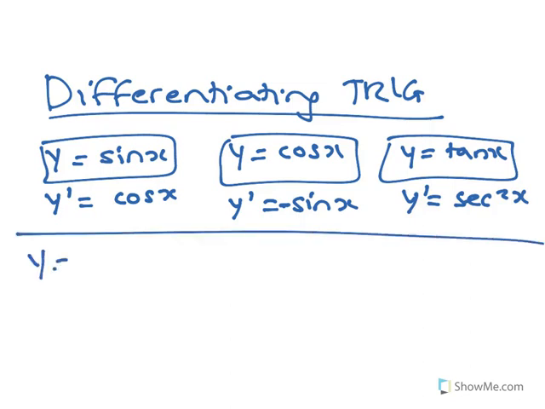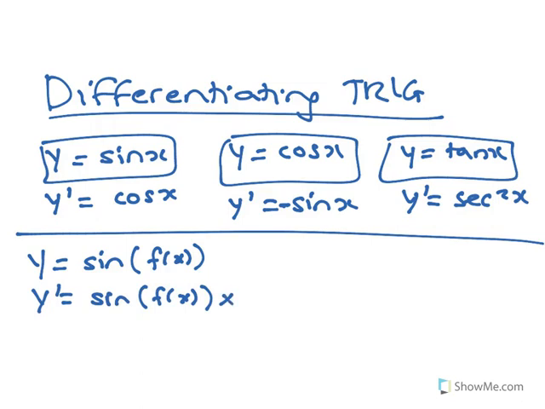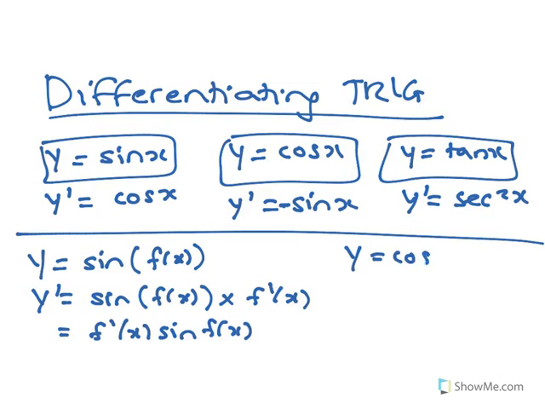Now, if we just write the general rule, and we had sine of f of x, then the derivative of this is cos of f of x, but then you have to times by the f dash x. So on the formula sheet, it's f dash x cos f of x. For cos of f of x, y dash will equal minus sine f of x, but then you've got to times the derivative.